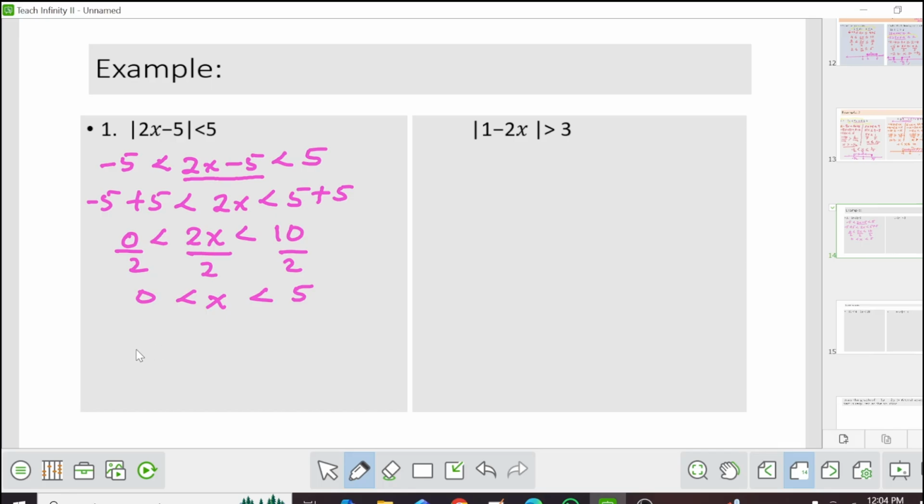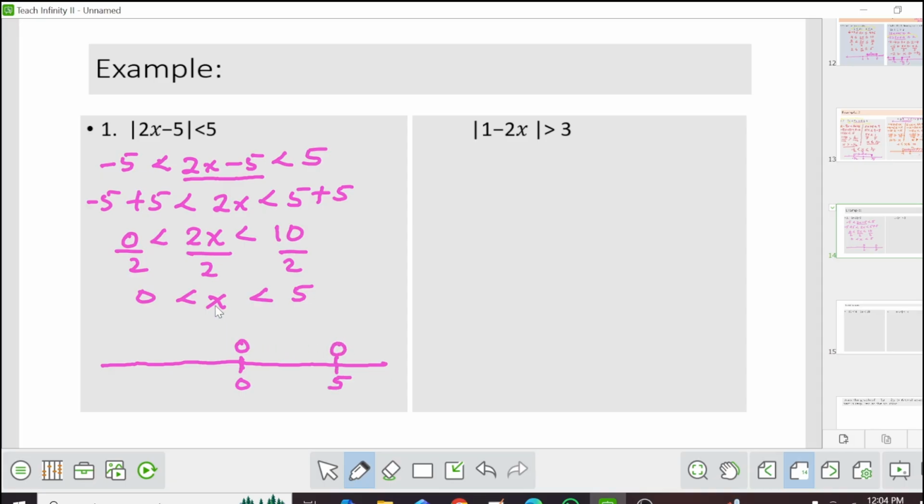So this is combined, and I can draw my number line. Put 0 here, that means something starting from 0 directly. Let's assume this is 5 here, so put it also.